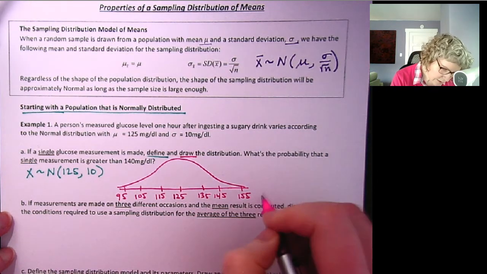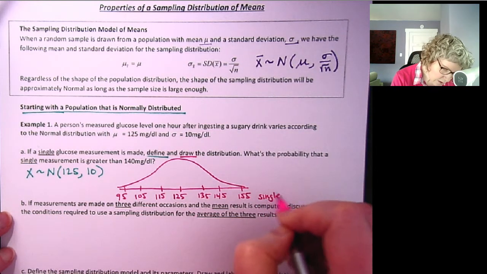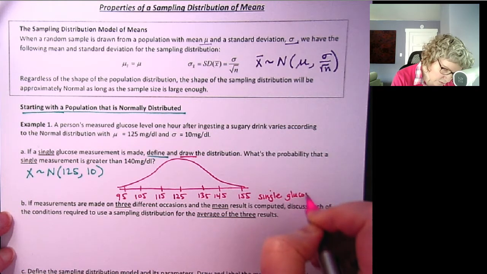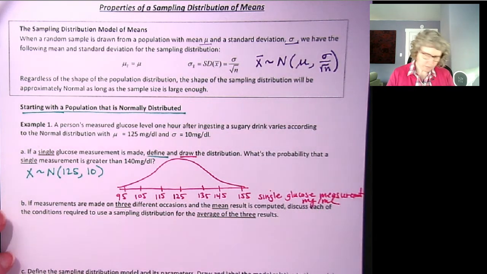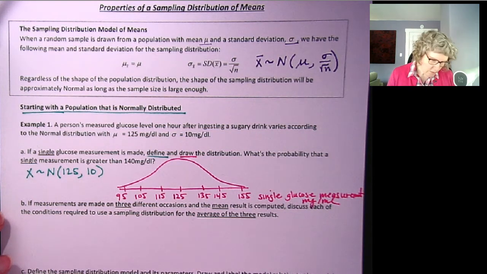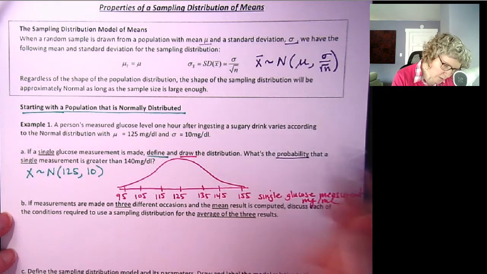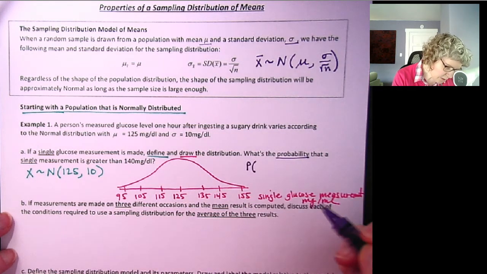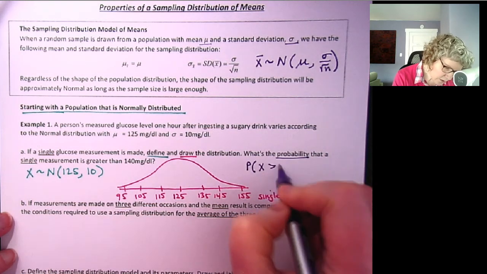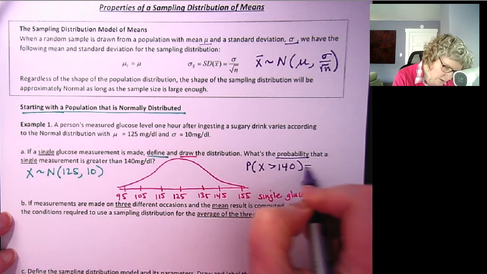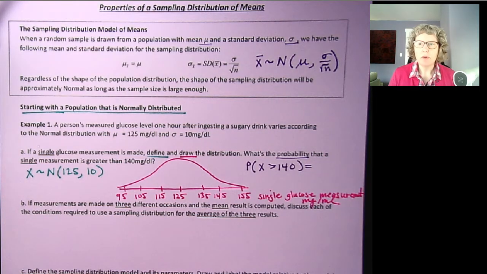This is a single glucose measurement in milligrams per deciliter. Okay, and then define and draw. Now we can find our probability that x is greater than 140 equals, and I'm going to put this into online stat book.